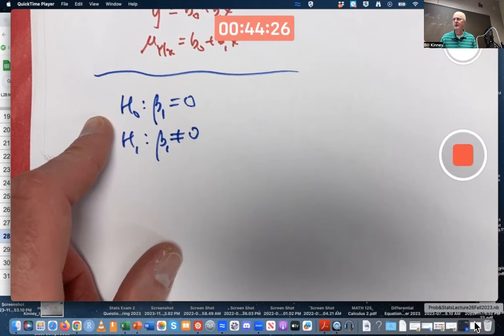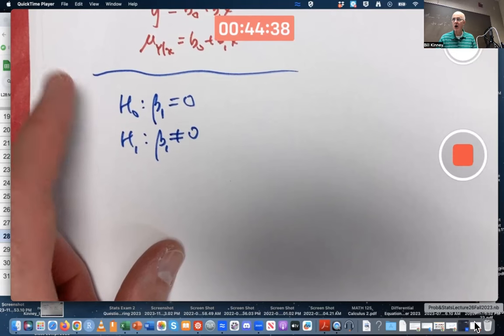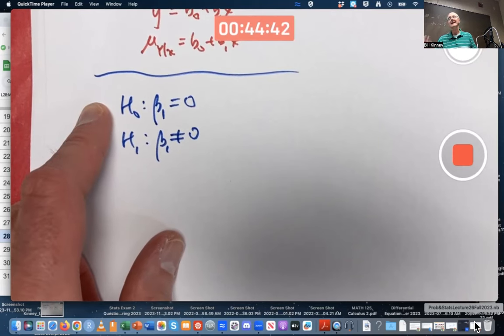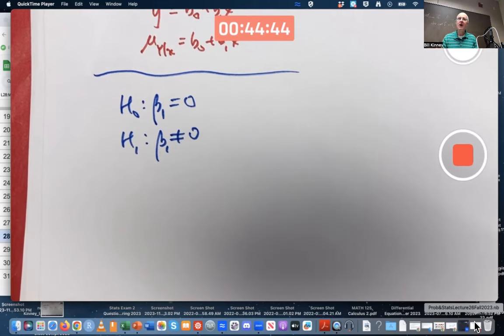Why would you even do regression if the slope is 0, because y doesn't depend on x, or at least so close to 0 that you can't tell the difference? This is always, always, always, for my classes at least, the only test that we do.